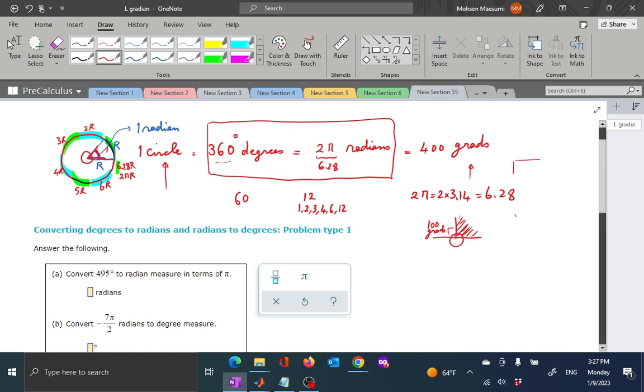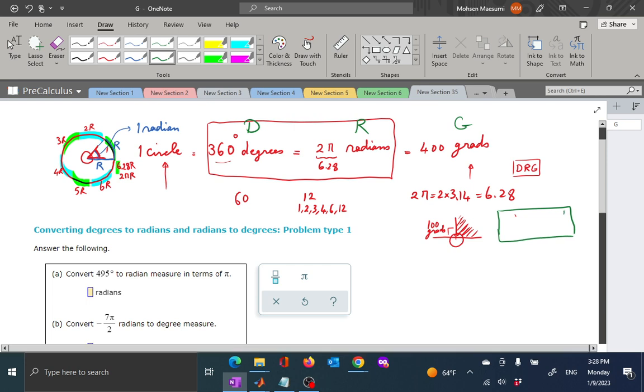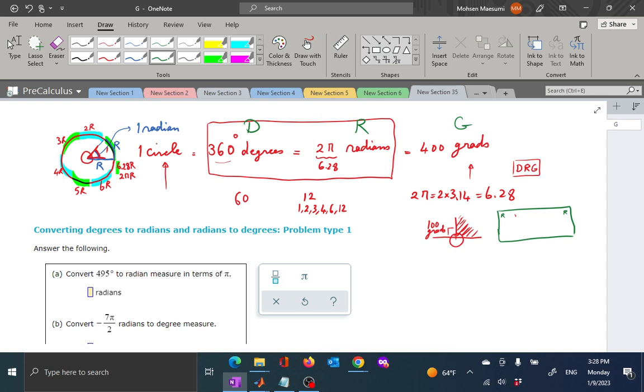In most calculators, there is a button or a mode that you reach by clicking here and there, and that button is labeled DRG. D, R, and G. Depending on which of these units you want to measure something in, you press that button, and somewhere in the corner of the display, maybe up here or somewhere, you see a little notation reminding you what unit you are working in.